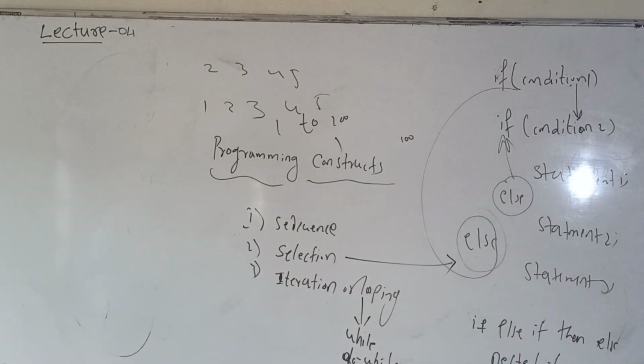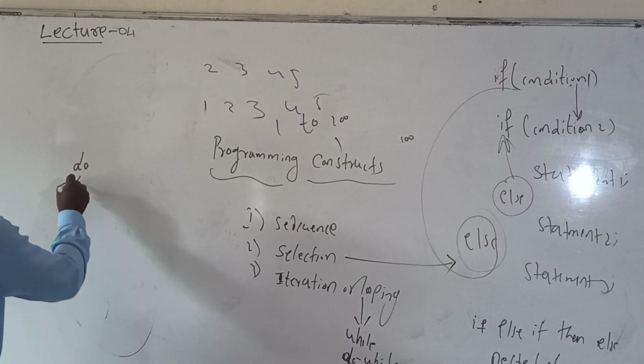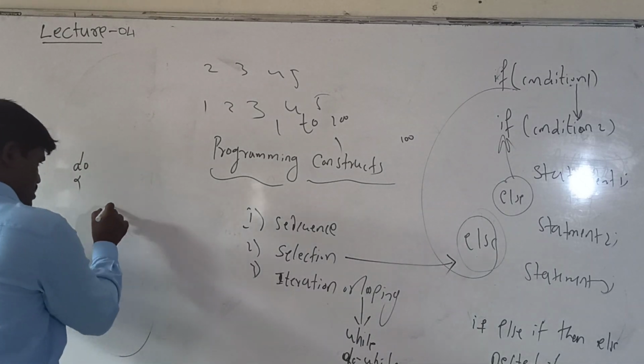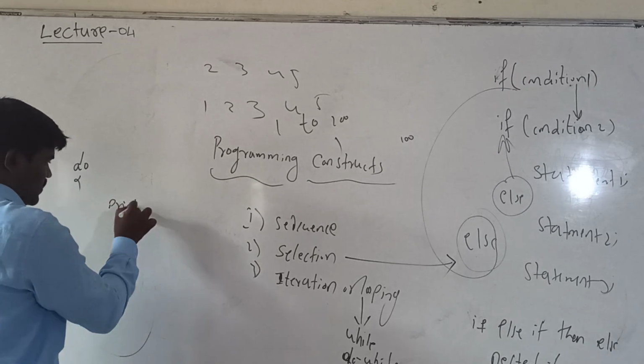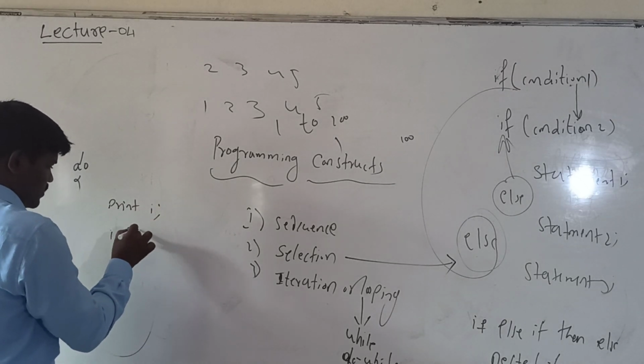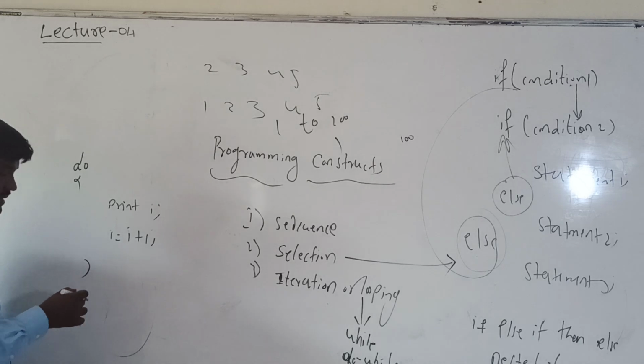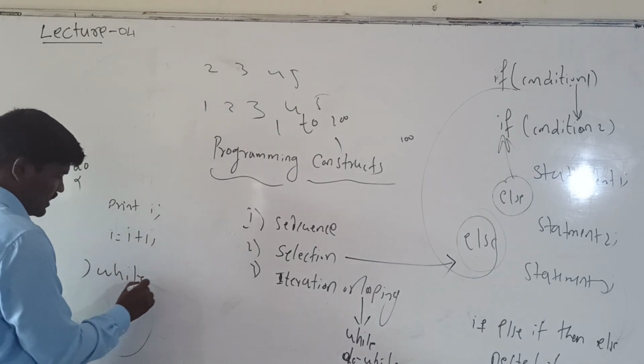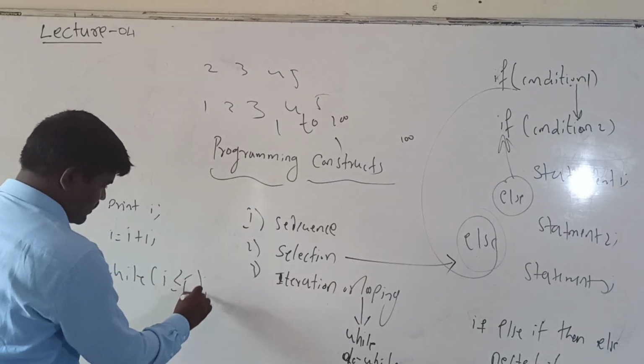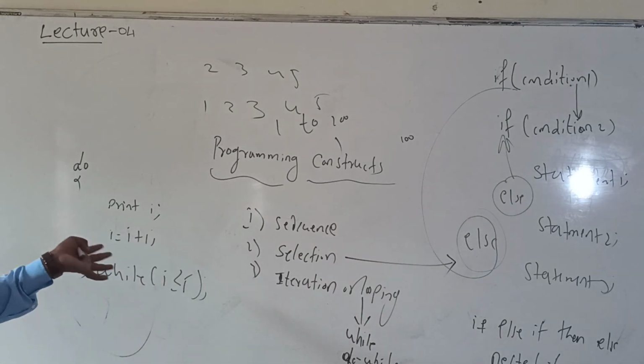It uses the do keyword, print i, i = i + 1, and you can close the bracket. Then you write while i <= 5.